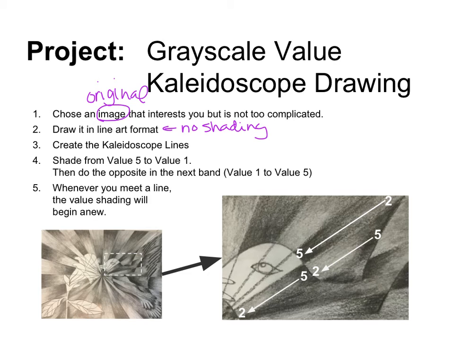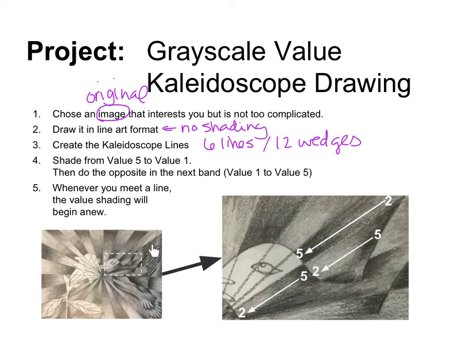Create the kaleidoscope lines. You need to have 6 lines or 12 wedges. Then you're going to shade your values from 5 to 1 and do the opposite in the next band, 1 to 5. Whenever you meet a line, the shading will begin anew. So you have to look at where you're going in your image.